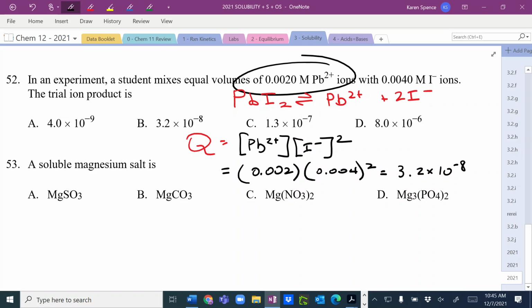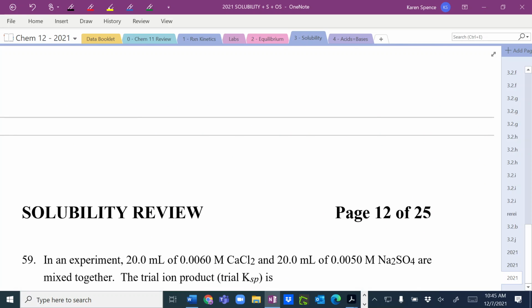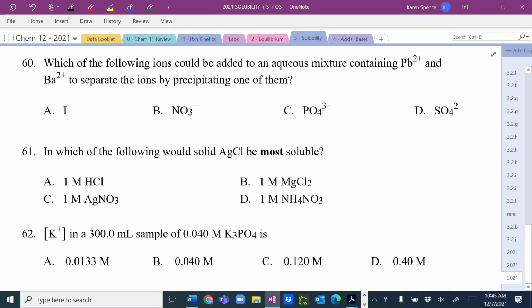52. What's next? We got 61 and 63. 61. We want AgCl to be the most soluble. So which way do we want this equilibrium shifted? We want it shifted to the right.